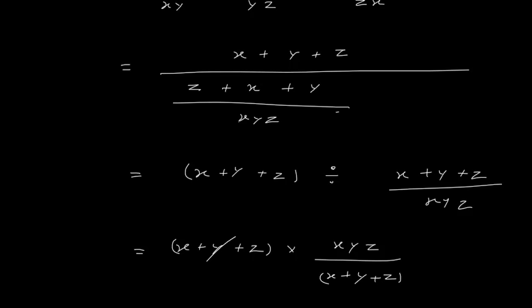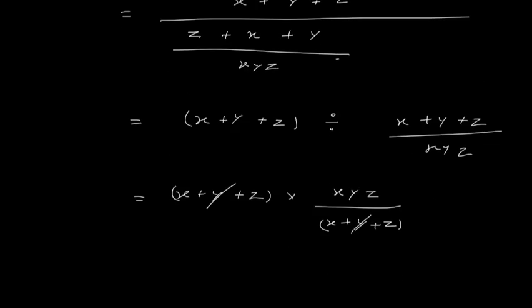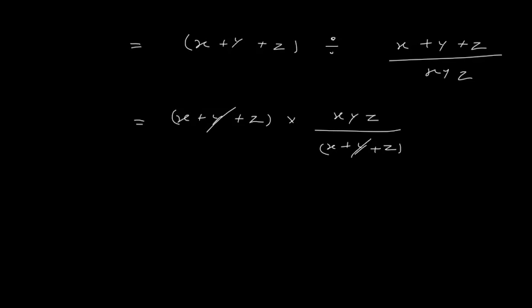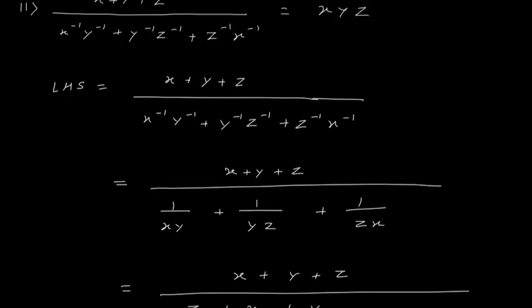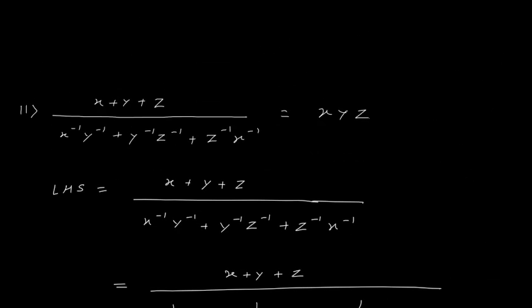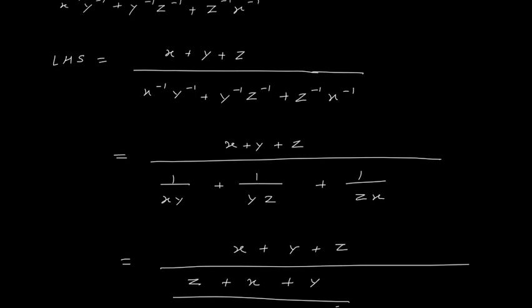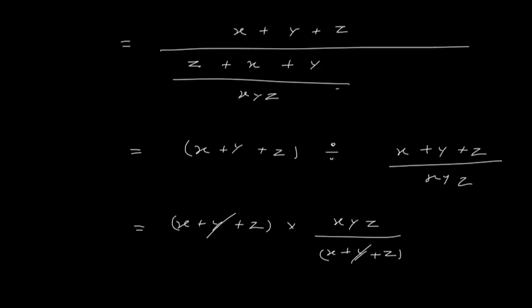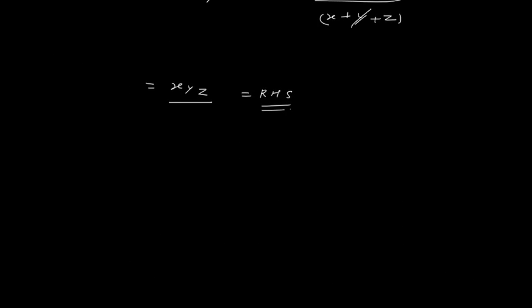So this x plus y plus z and this x plus y plus z will cancel, and here I will get the answer as xyz, which is our right hand side. So LHS is equal to RHS. LHS is x plus y plus z upon x power minus 1, y power minus 1 plus y power minus 1, z power minus 1 plus z power minus 1, x power minus 1, which is equal to xyz.